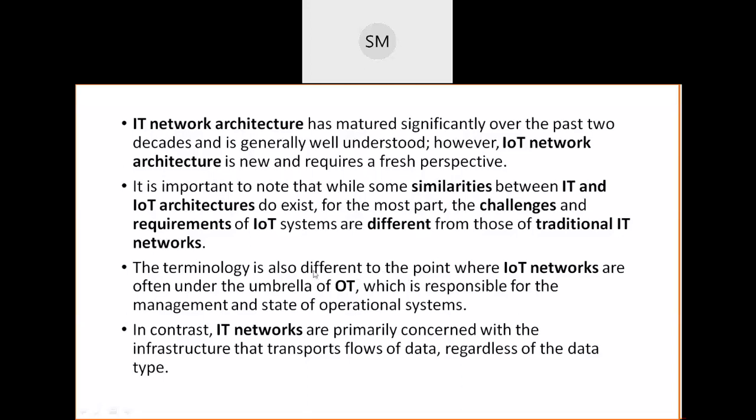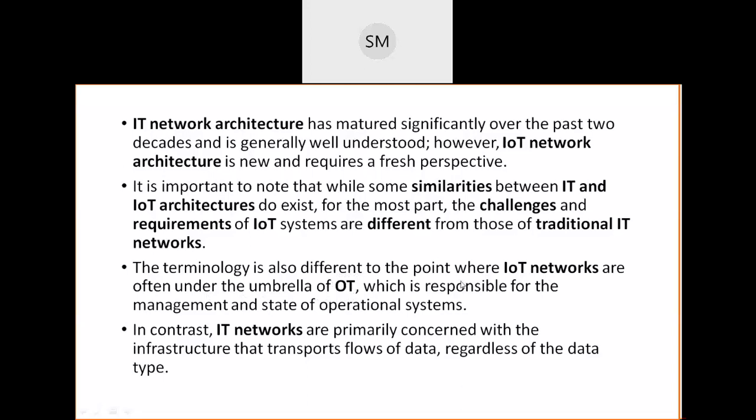The terminology is also different, to the point where IoT networks are under the umbrella of OT. In fact, the term IoT is a combination of IT and OT, as I already told you, correct? So IoT networks are under the umbrella of OT, that is the operational technology team.